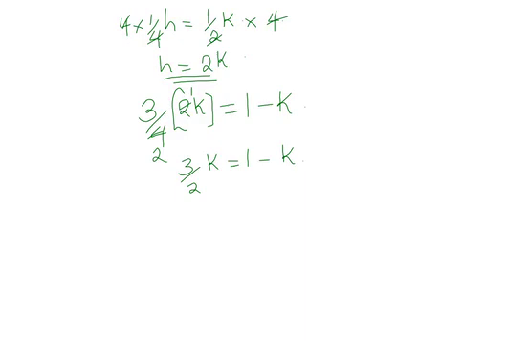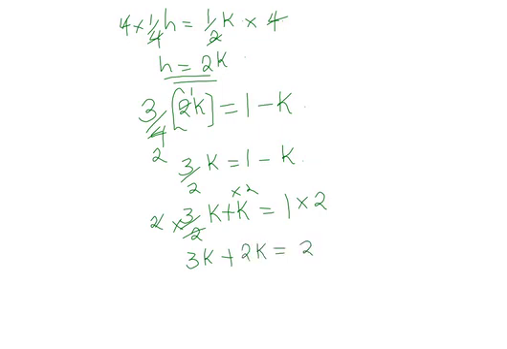We collect the like terms together. We'll have 3 over 2k plus k is equal to 1. We can make it linear. We multiply by 2, and we multiply this by 2. We have 3k plus 2k is equal to 2. This means that 3k plus 2k is 5k, which should be equal to 2.